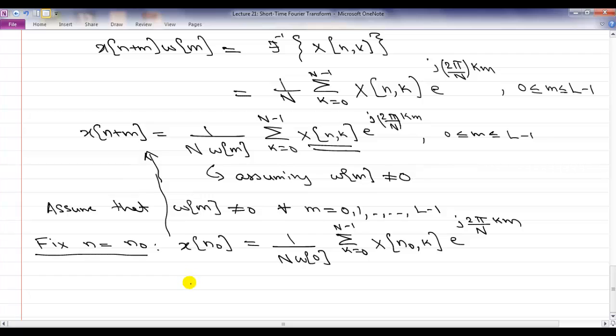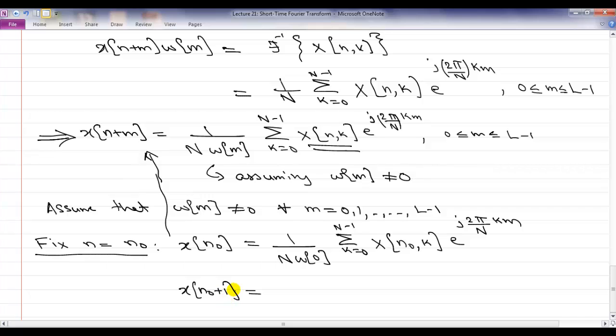What about x of n naught plus 1? Well, I can recover x of n naught plus 1 in two ways. One is I put m equal to 1 in this expression. So let's say n naught was 100.